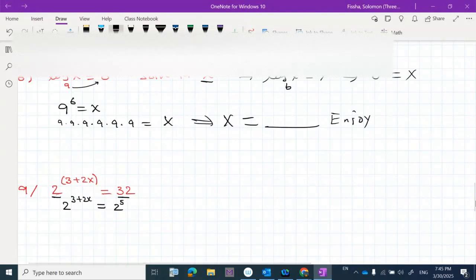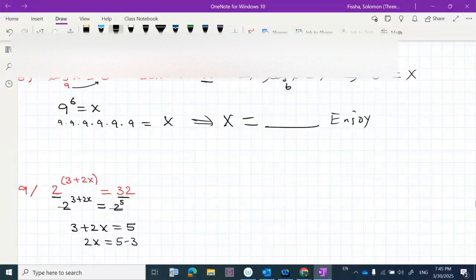Now the target: you have the same base on both sides, so the bases cancel. Simply you have the exponents equal: 3 plus 2x is equal to 5. Now, on the left side you have 2x, so you subtract 3 from both sides. 2x is equal to 5 minus 3, which is simply 2.